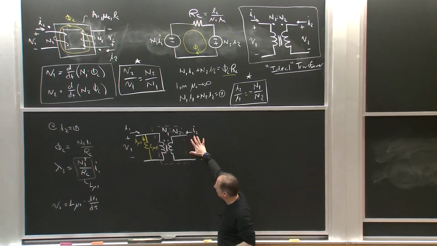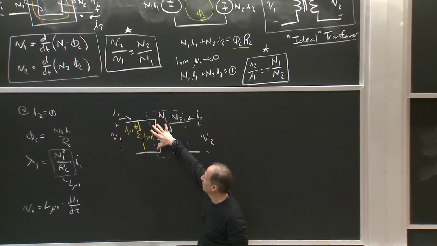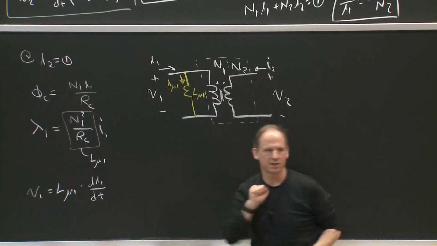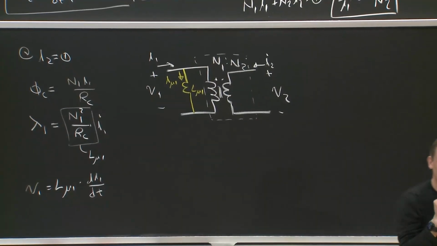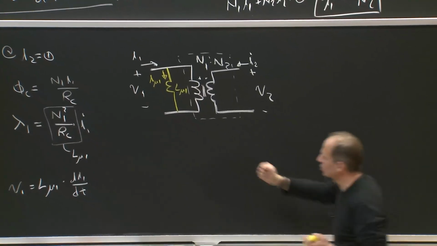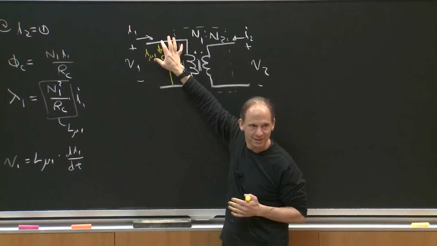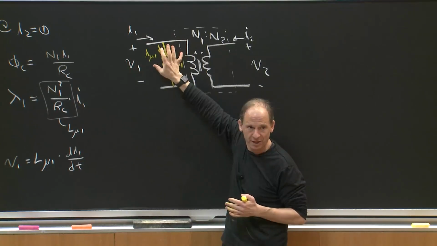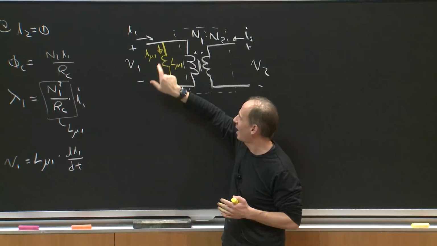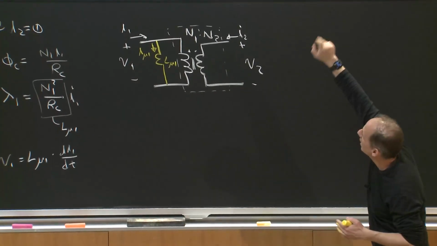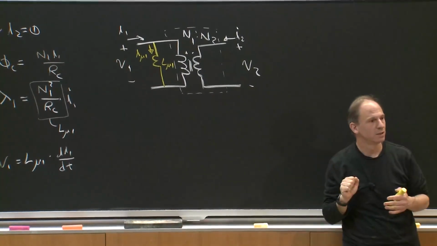So if the secondary side's disconnected, the ideal transformer has no current going into it, but I still get a magnetizing current. And the way I think about that magnetizing current is the energy stored in this so-called magnetizing inductance, this fictitious inductance that I'm using to model the behavior of the actual device, 1/2 L mu 1 I mu 1 squared, models the energy stored in the core.